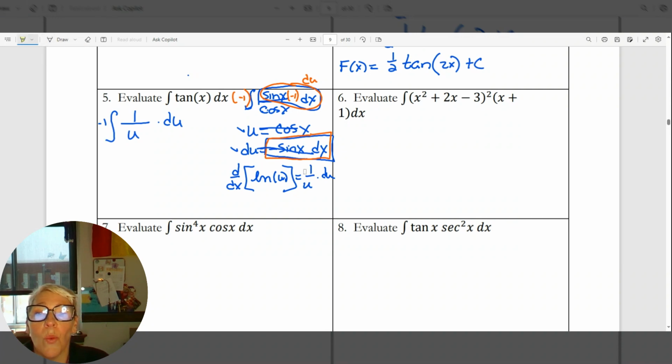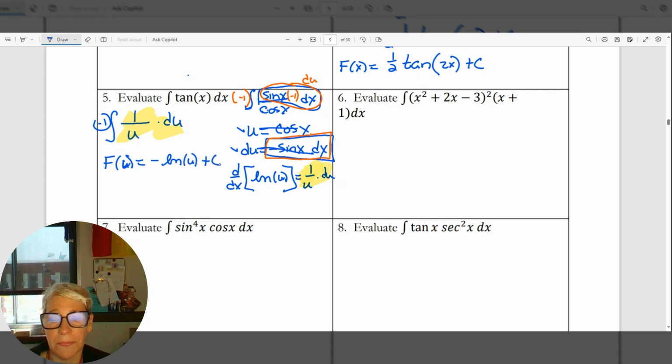Oh, wow. 1 over u du. That means my integral of 1 over u du is ln u, multiplied by the constant multiplier of negative 1. So my antiderivative in terms of u is negative ln u plus c.